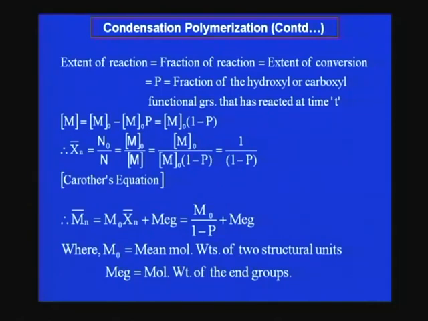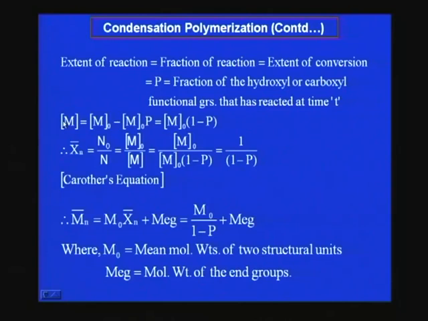If the extent of reaction is p, then p multiplied by the initial concentration gives you the amount of monomer that has been consumed or converted to polymer. So, the monomer remaining is the initial concentration minus the amount that has reacted: m0 into 1 minus p.